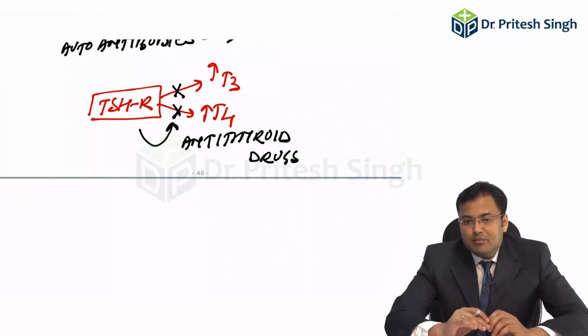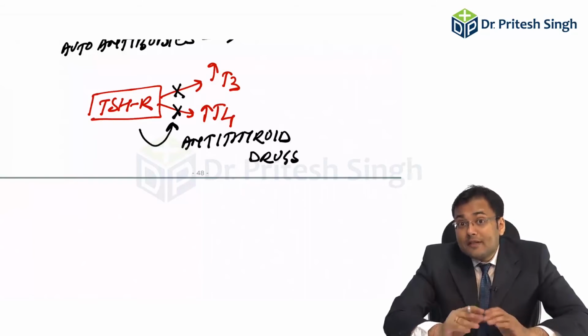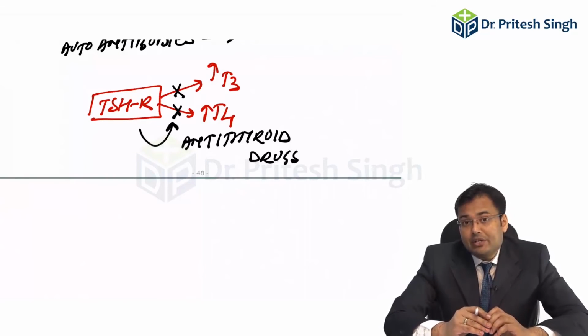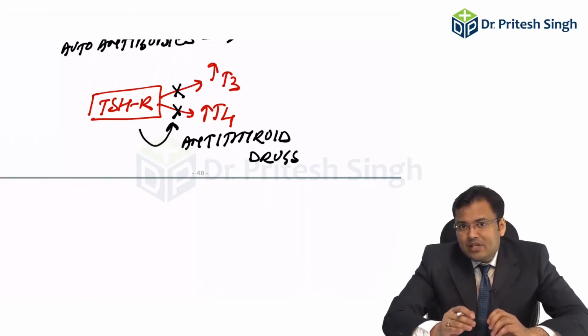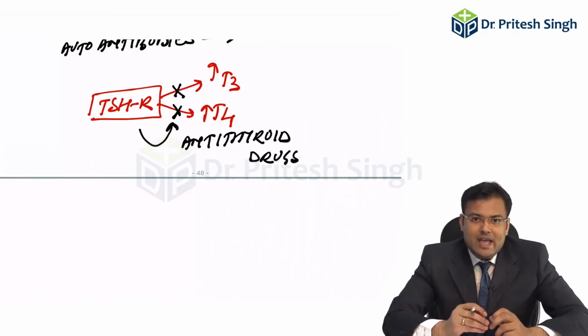For decreasing the production. Before use of antithyroid drugs, what's the first drug given in the patients of Graves' disease? That is non-selective beta blocker propranolol. Why? I told you in the beginning that in patients of hyperthyroidism, there is increased expression of beta receptors.